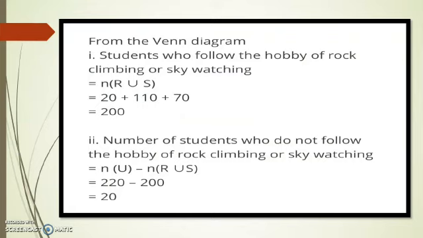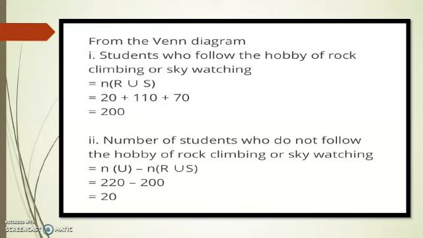From the Venn diagram, students who follow the hobby of rock climbing or sky watching is equal to number of elements in R union S, which is given by number of students following only rock climbing plus number of students following both hobbies plus number of students following only sky watching.